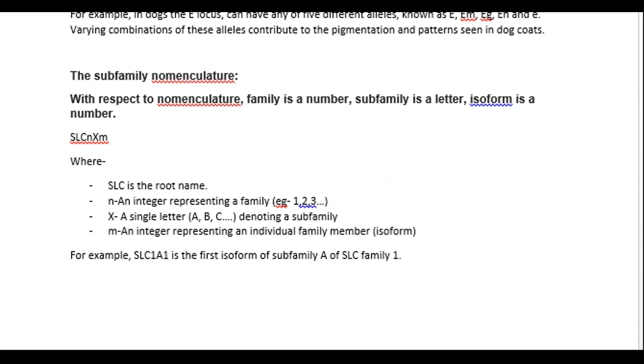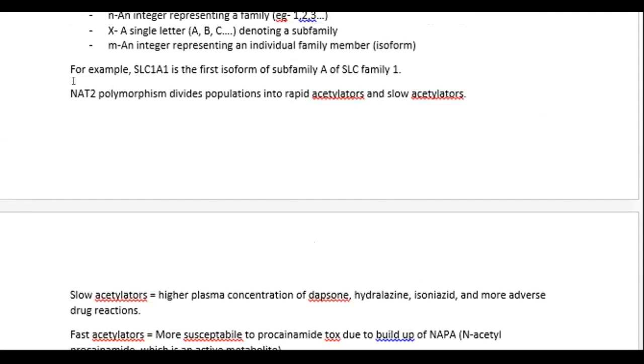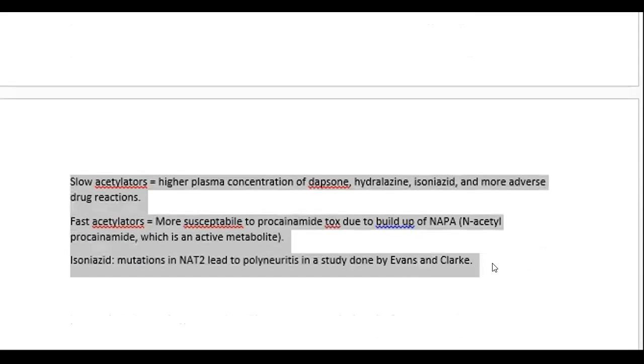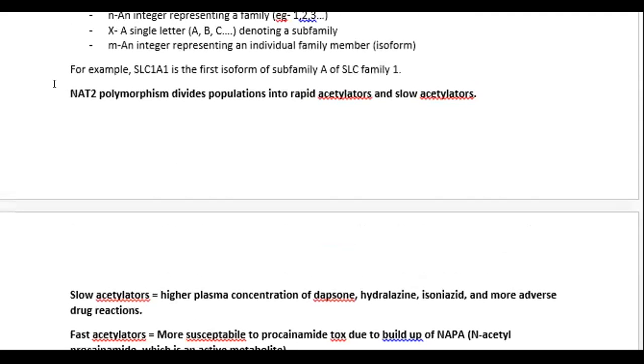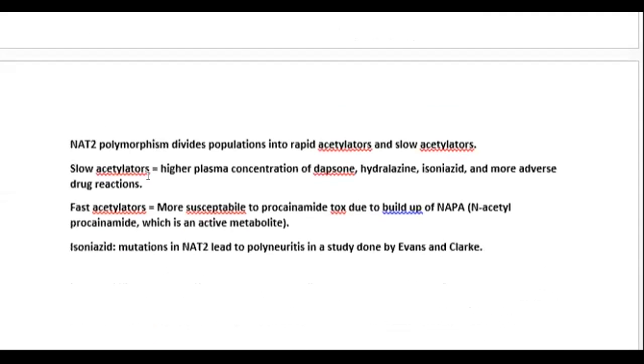Okay. And one more topic you have given me is that NAT2 polymorphism divides the population into rapid acetylators and slow acetylators.